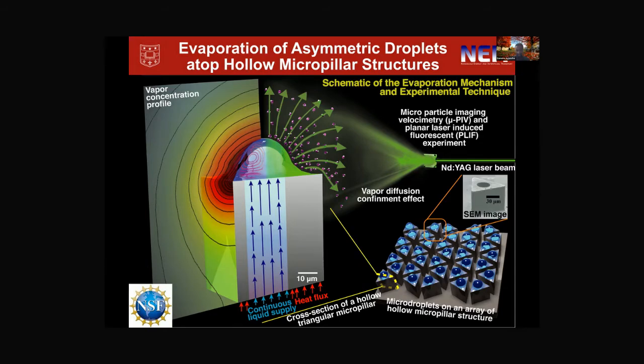We'll see that in the next several slides. We're also currently developing imaging systems so we can look at how microconvection behaves in asymmetric droplets compared to what we traditionally find in hemispherical droplets.